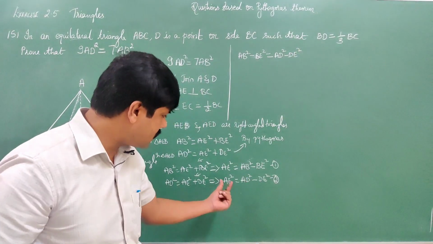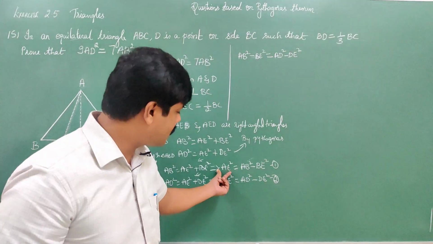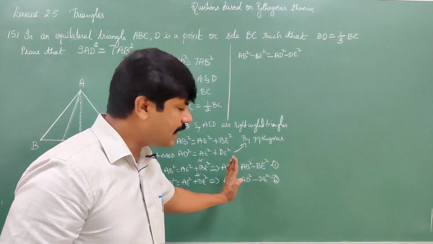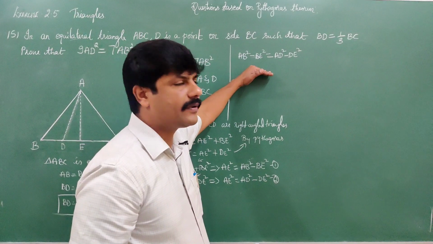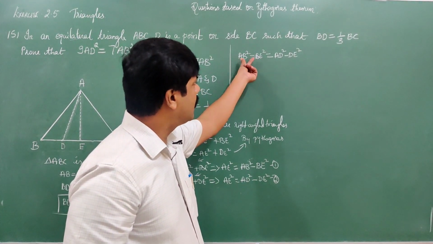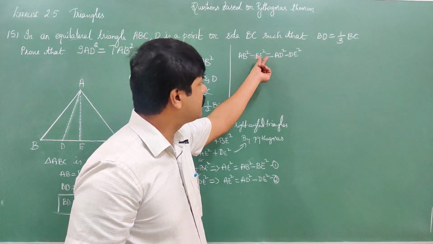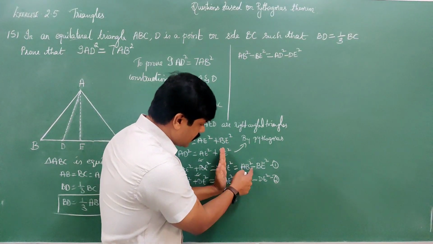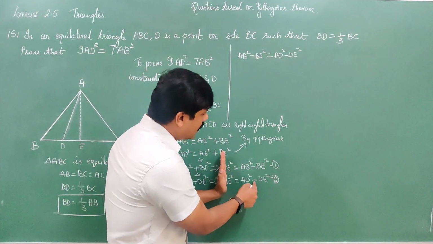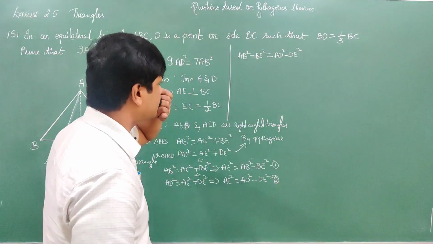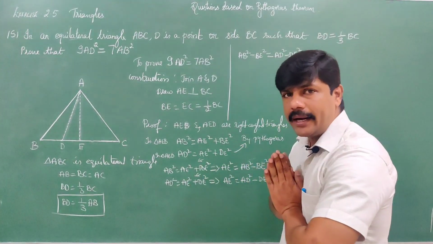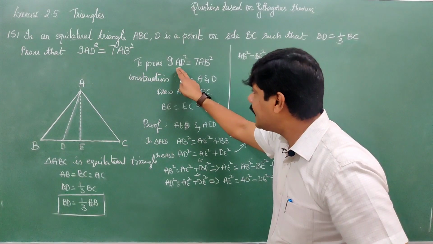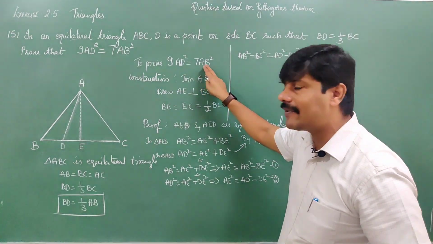How is it? Because LHS is AE square and AE square. LHS are equal, therefore RHS we have equated. We have got AB square minus BE square is equal to AD square minus DE square. Now what is required is 9AD square is equal to 7AB square.